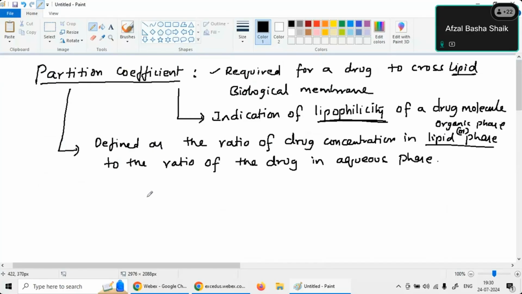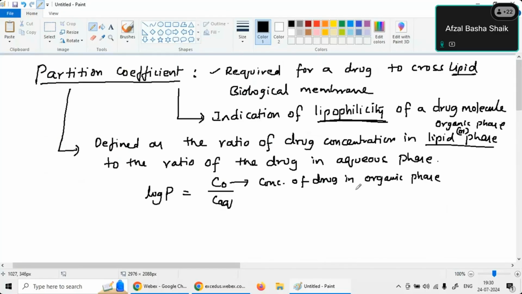So partition coefficient is generally given by log P equals Co by C aqua. Co is the concentration of drug in the organic phase, whereas C aqua is the concentration of drug in the aqueous phase.